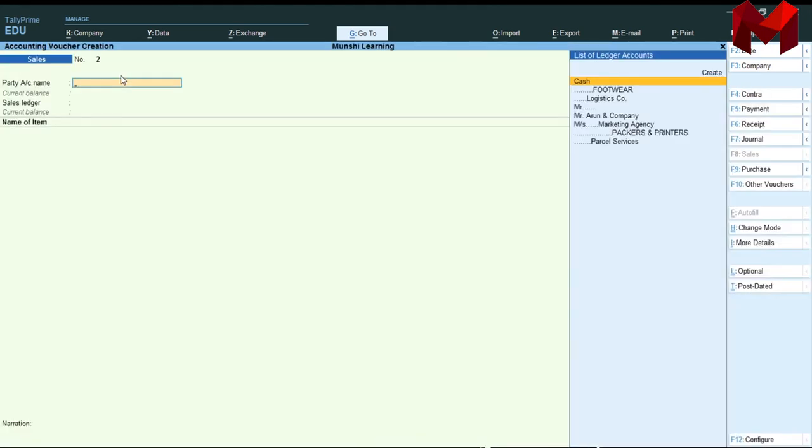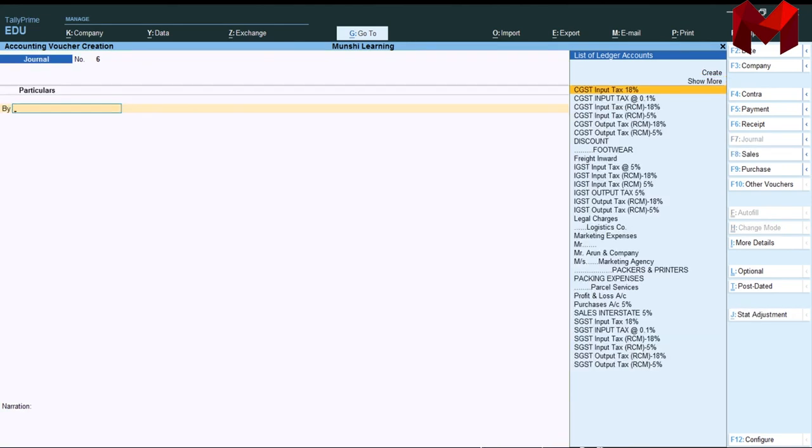So we can enter it in the journal, because we have the sales entry separately, purchase entry, payment entry, receipt entry and contra entry separately, but only journal for all the other entries. So we are going to do the journal entry. This is why journal entry formation is very important, and why we always discuss in detail how to create a journal entry.